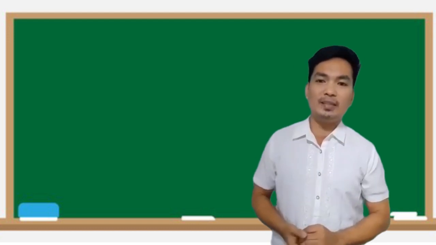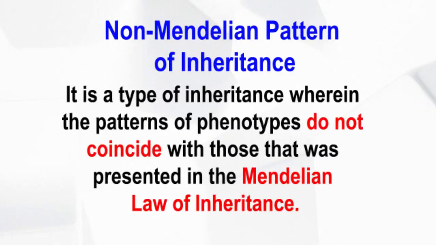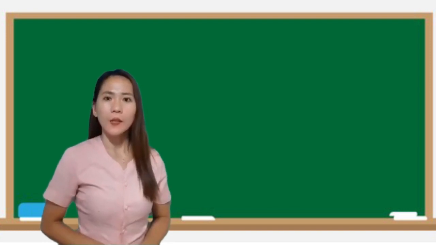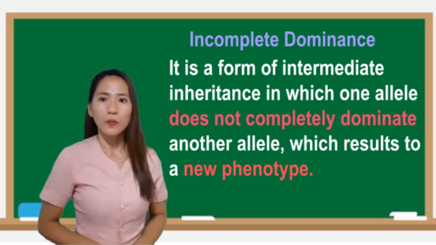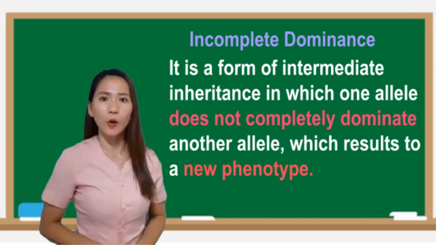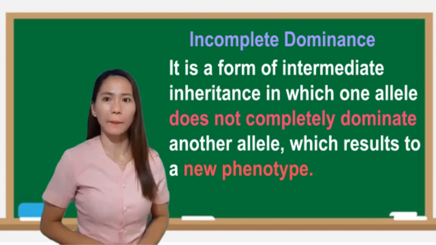Now, let us proceed with the non-Mendelian pattern of inheritance. As mentioned earlier, it is a type of inheritance wherein the pattern of phenotypes does not coincide with those represented in the Mendelian law of inheritance. Let us discuss them one by one, starting with incomplete dominance. It is a form of intermediate inheritance in which one allele does not completely dominate another allele, which results in a new phenotype.